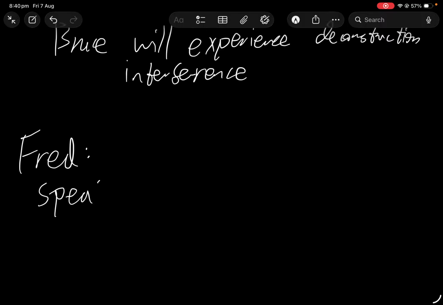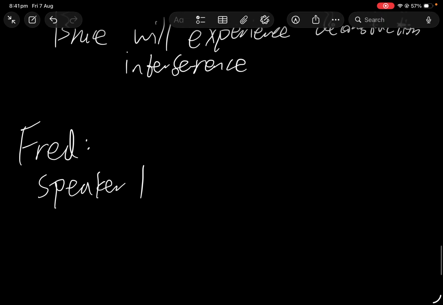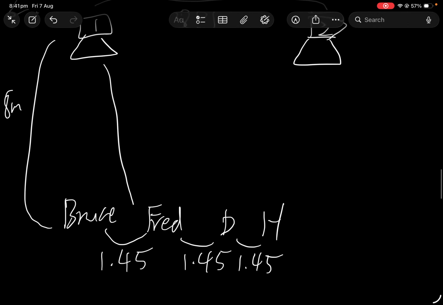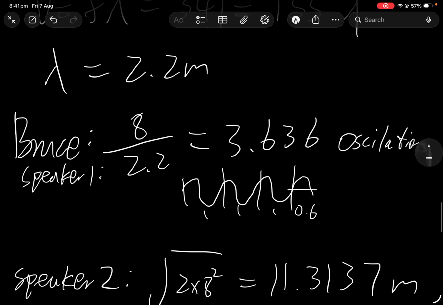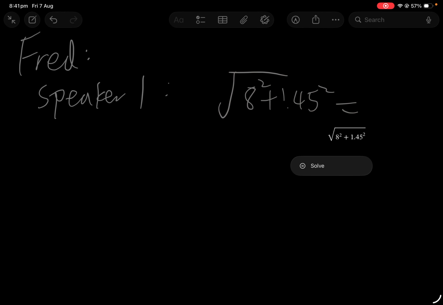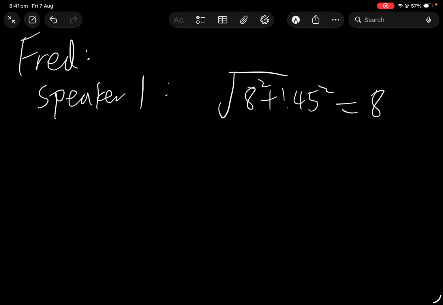So basically, the distance from speaker 1 to Fred is a right angle triangle, so that's 8 and 1.45. So just the square root of 8 squared plus 1.45 squared, which is around 8.13 meters.